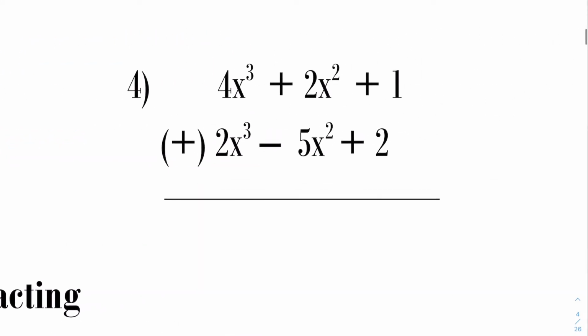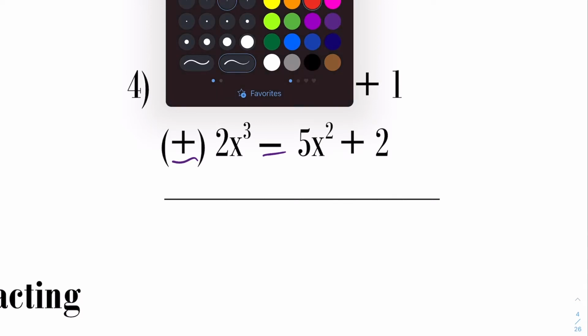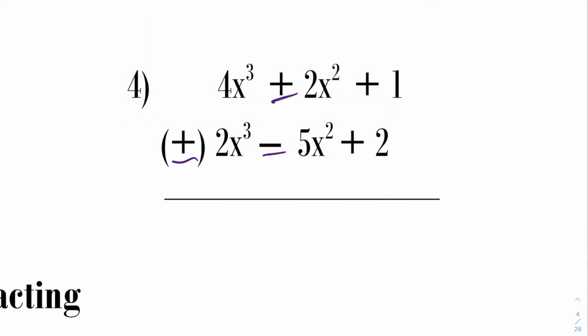Let's do one more. And just remember, pay attention to whatever sign is in front of these and this sign. We have 4x cubed plus 2x cubed. Those match, so we can add them like normal. We have a 2x squared plus negative 5x squared.